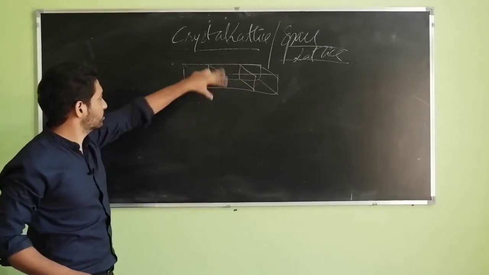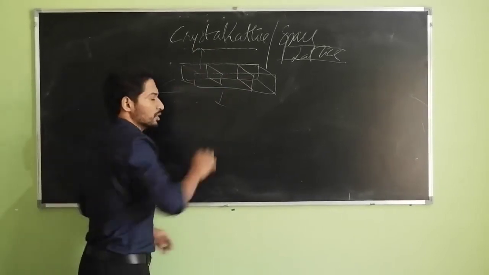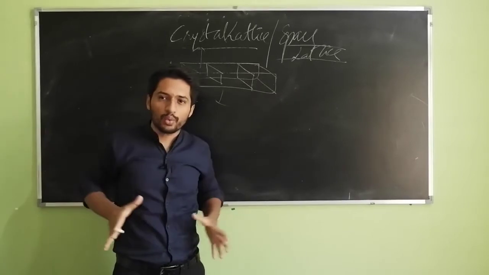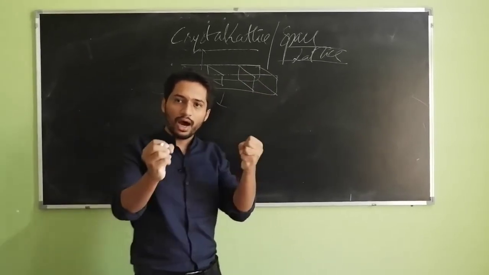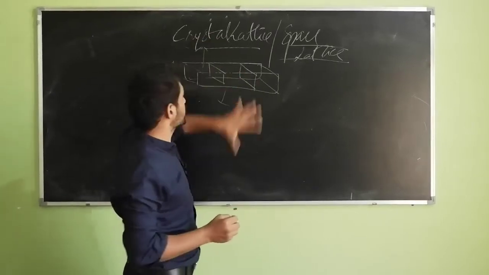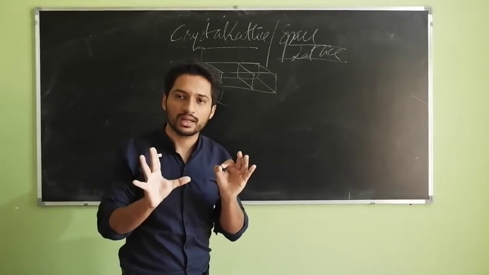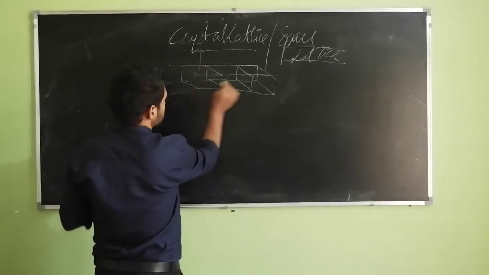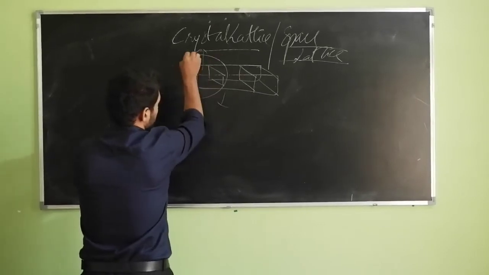So I have 3D arrangement of points in space. I can have it upward, sideways, downward. So I can extend this the whole way. This whole crystal lattice that is there. Alright. So now the smallest part of the crystal lattice is what we call unit cell. Remember this. So what would be the smallest portion of this crystal lattice? This would be the smallest portion.